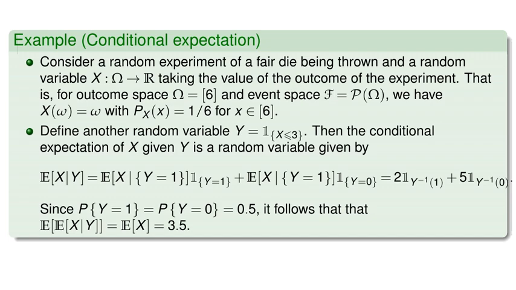We calculated earlier that the expectation of x given y equals 1, which is event b from before, is 2. If y equals 0, then x is 4, 5 or 6. So the expectation of x given y equals 0 is (4 plus 5 plus 6) by 3 equals 5.